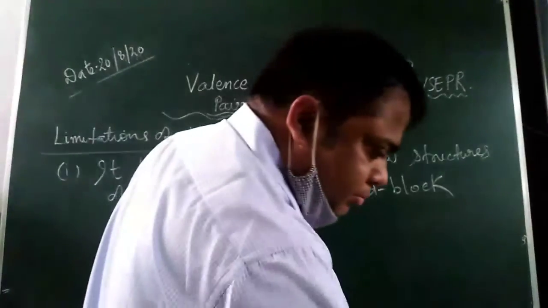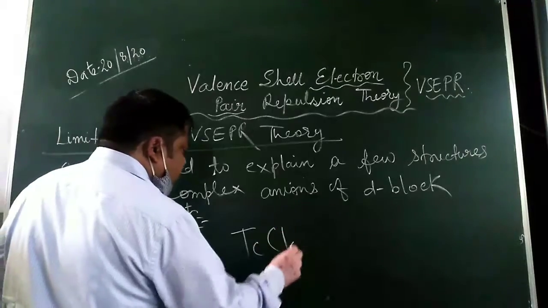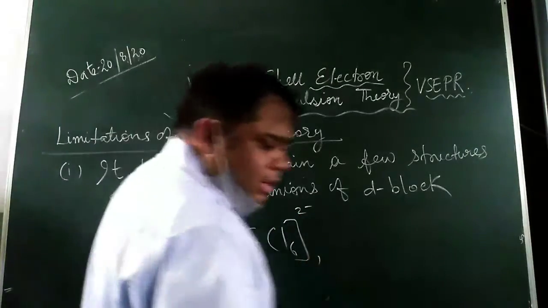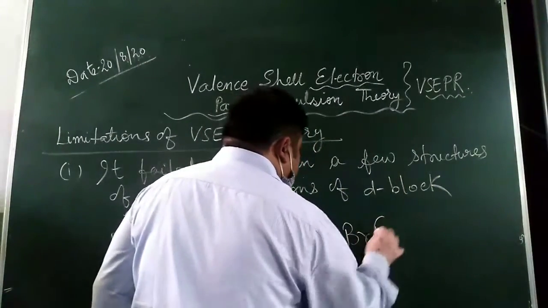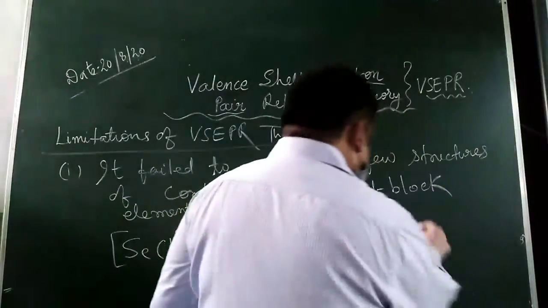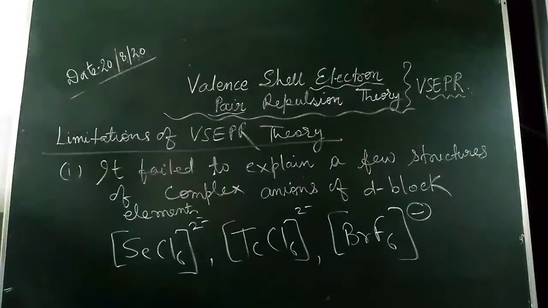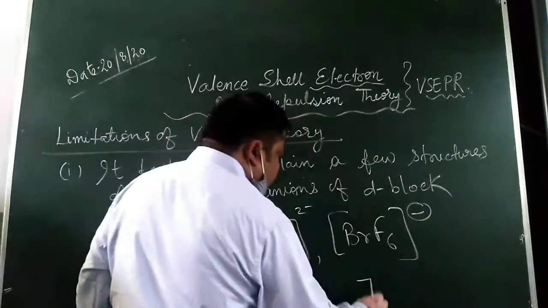Second, titanium hexachloride 2 minus, and bromine hexafluoride 1 minus. See here how many electron pairs are there around bromine. Bromine has 7 valence electrons.